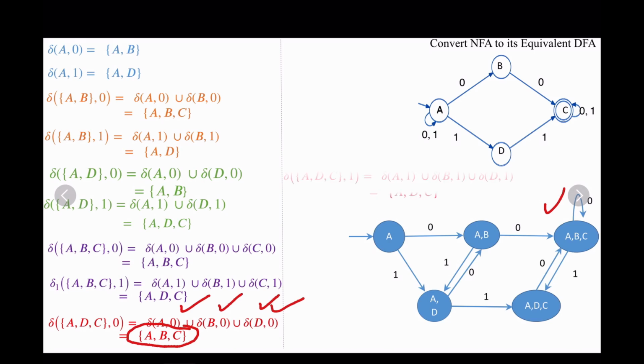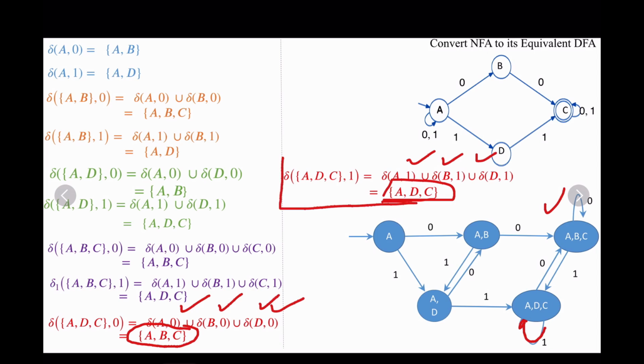ADC on 1 gives ADC itself. There is no new state from the previous states, so you have to stop the process.